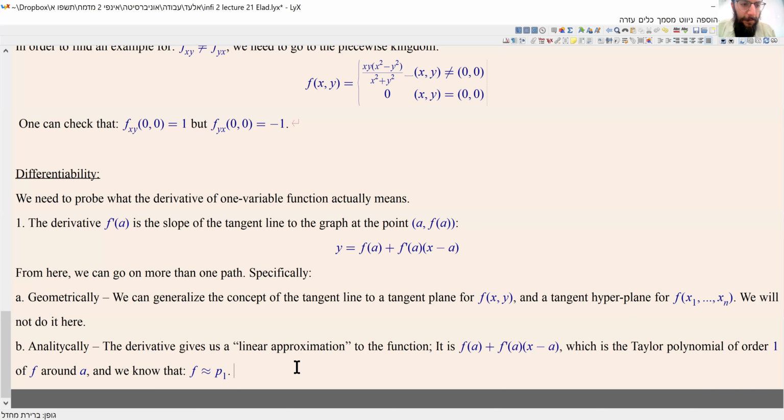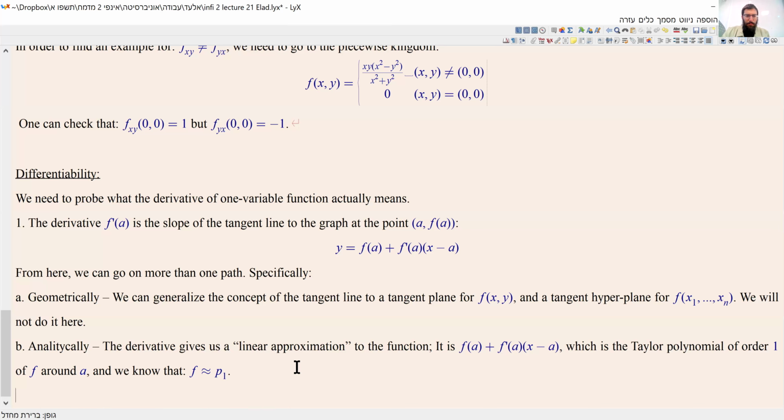Now, we elaborate. We did not mention it when we discussed Taylor series, and it is a good time now.